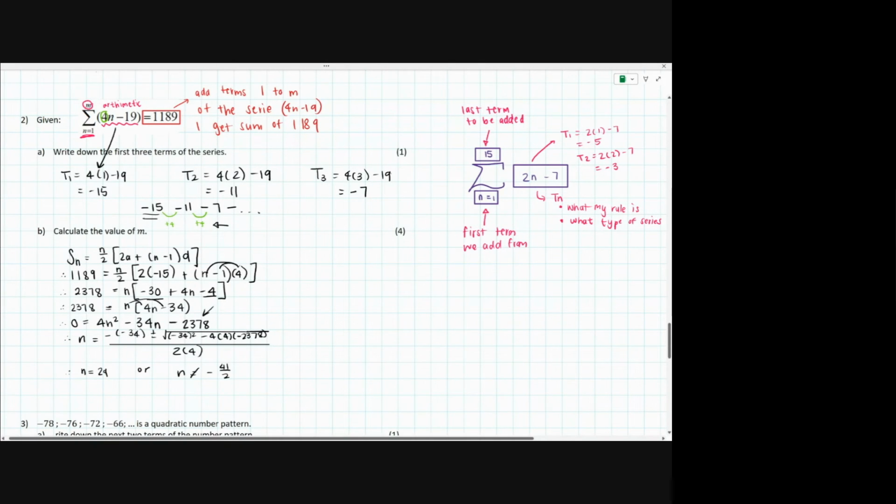Now we know n has to be a natural number, so we can get rid of that immediately. And so now we're working with n equals 29. Now what I want you to be careful of is this n value. And in this case, it doesn't really make a difference, but I'll explain when it does make a difference now. This tells me that I have to add 29 terms.